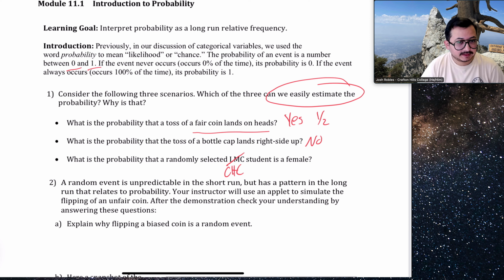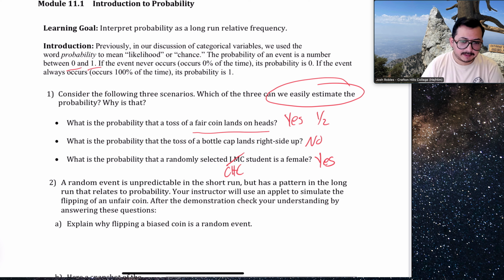We can figure this out. It's public information, on our website, and the people who run the data at Crafton would easily know that. So lots of people can get this answer. There's a few thousand Crafton students, and I believe it was recently roughly 55% are female. So if I go pick one at random, presumably it's about 55%. So maybe we didn't directly know that ahead of time, but it is quite easy to figure out.